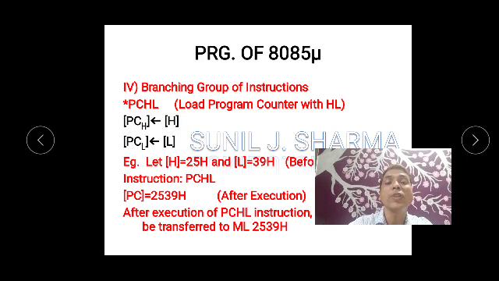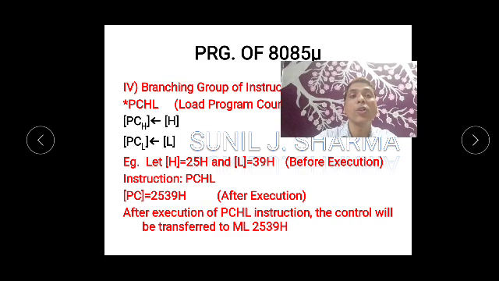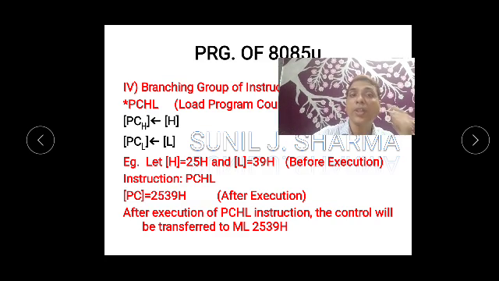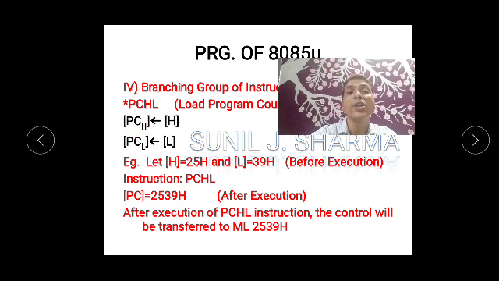Let's take an example. Whatever the contents of H will be given to the program counter's higher order, because the program counter itself is 16-bit. So, load program counter with HL: whatever the contents of H will be given to the program counter higher order, and L to the program counter lower order. Remember that the contents of HL will not change, only the program counter's content will change.